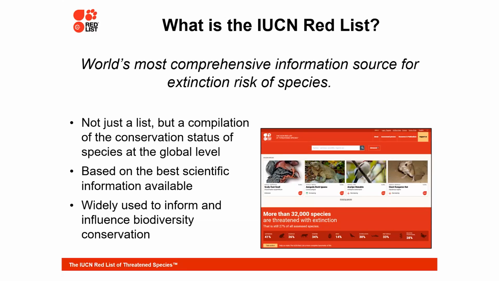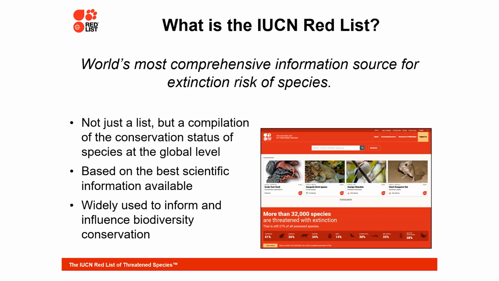Species are assigned to one of 9 categories, which are linked using the population trend, size, and distribution of the species. Within the 9 categories listed in the Red List, 3 are identified as threatened, and those include the critically endangered, endangered and vulnerable species.